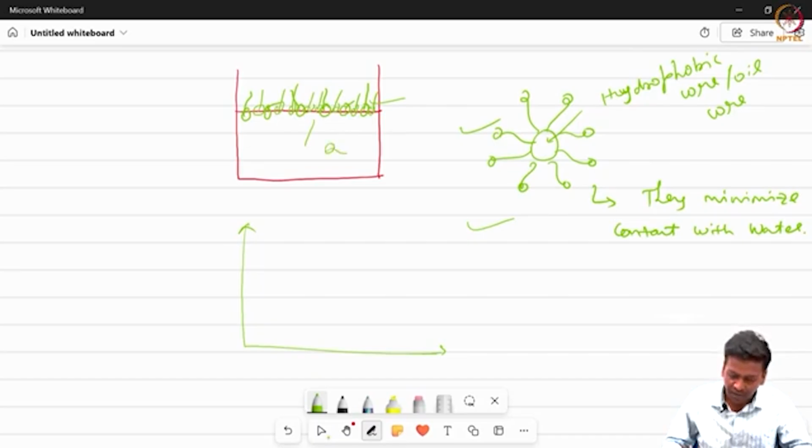Whatever has gone into the bulk will try to self-assemble to form micelles. So this is the idea. And at equilibrium, the rate at which monomers go to the bulk forming micelles and monomers go from the bulk to the interface will be the same. Which means that the surface concentration remains intact, even though we add more and more surfactant.